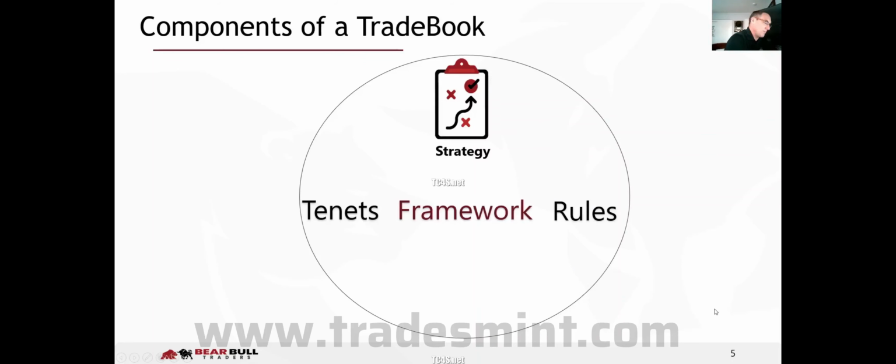So again, these rules inside this strategy bubble are based upon the specific strategy that you're executing. Then you have your framework, and your framework evolves around your stock selection criteria. And we'll get into this in depth in a future video, but it's about what type of volume do you want to see? Does it matter if the stock is gapping up or down? Does short interest matter to you? What type of float do you like to trade?